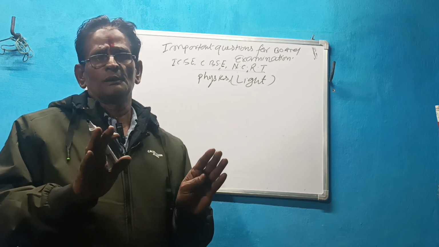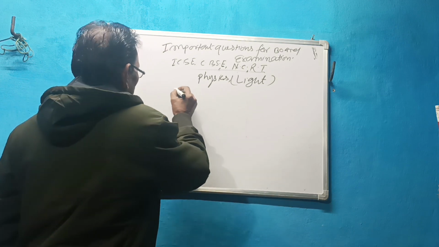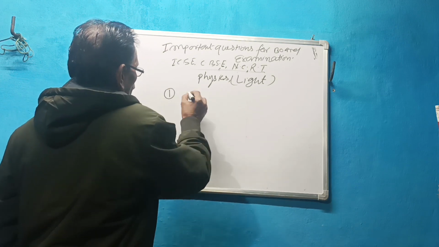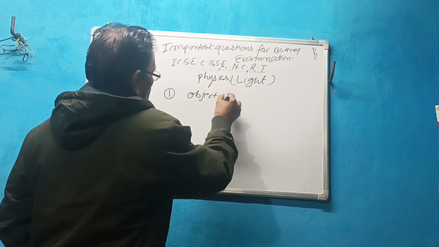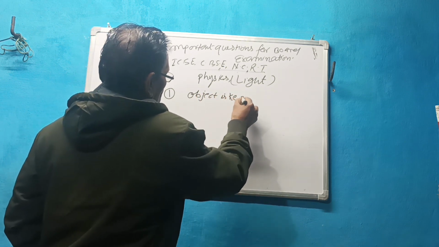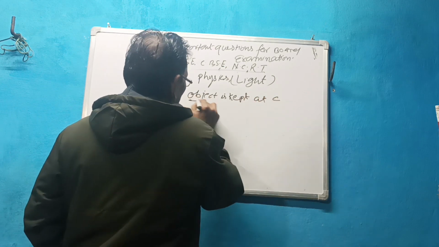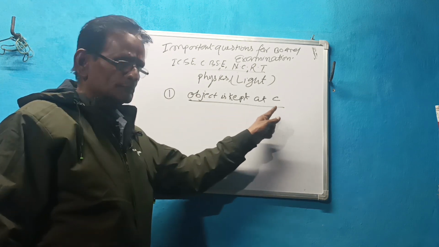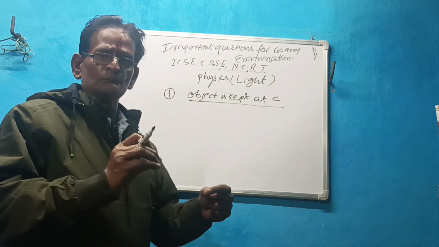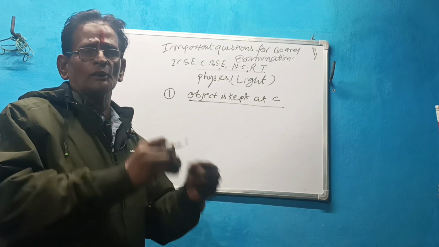There is no problem. Suppose the object is kept at C. Here is a question: if the object is kept at C, where will the image be formed and what will be the nature of the image?